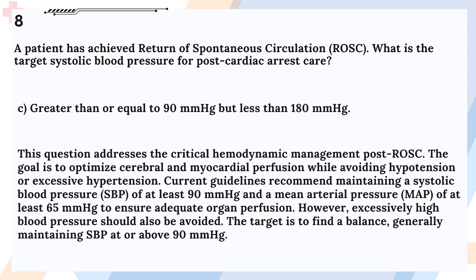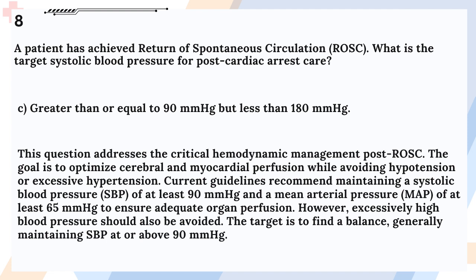Answer: C. Greater than or equal to 90 millimeters of mercury but less than 180 millimeters of mercury. This question addresses the critical hemodynamic management post-ROSC. The goal is to optimize cerebral and myocardial perfusion while avoiding hypotension or excessive hypertension.